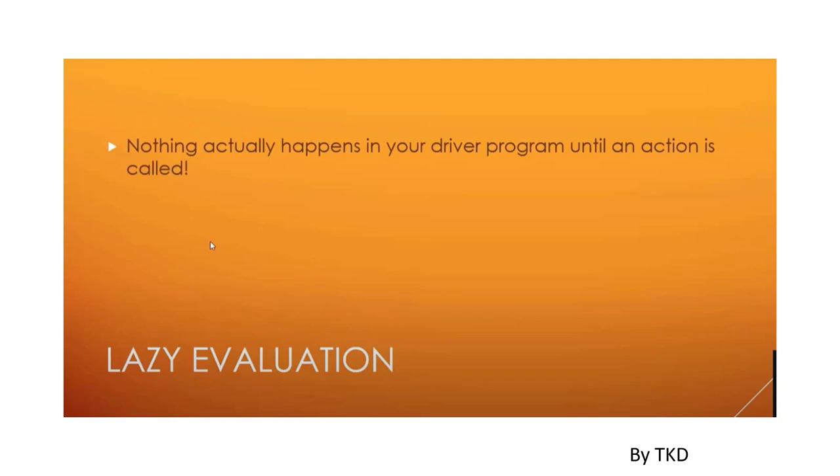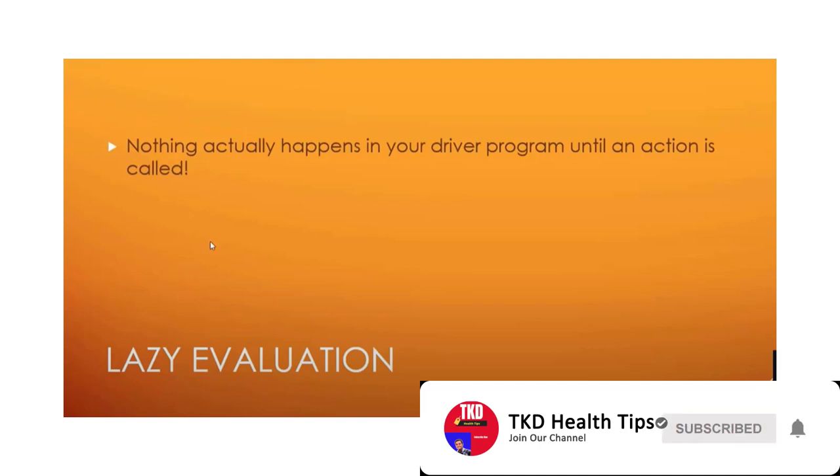Nothing actually gets executed until you call an action like collect or reduce or count. And with that you've got the basics of RDD, and it's going to sink in more when you look at more examples.